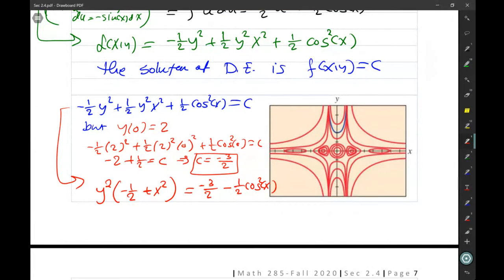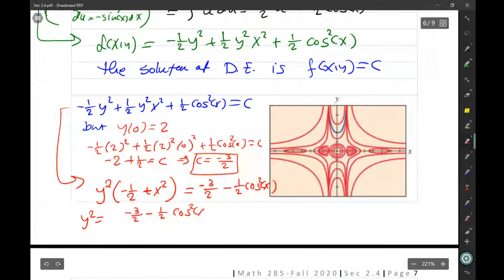Divide by y square. Divide by minus half plus x square. We get y square equals minus 3 by 2 minus half cosine square x divided by minus half plus x square.